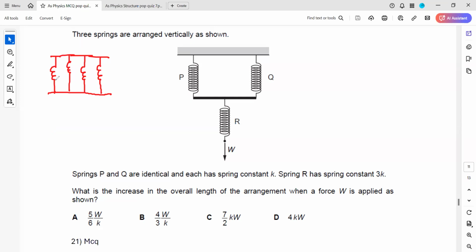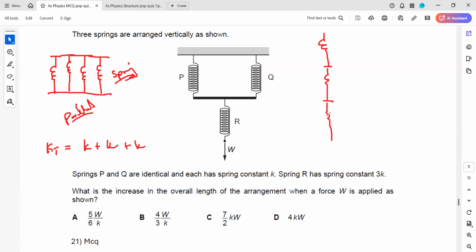So the opposite will happen when springs are connected in parallel and I need the combined spring constant. I will simply add the spring constants of the springs. And if they're connected in series, this is just to remember so that you can easily solve this type of question: the combined spring constant of this system will be 1 over K1 plus 1 over K2 plus 1 over K3 and so on, and then take the reciprocal.